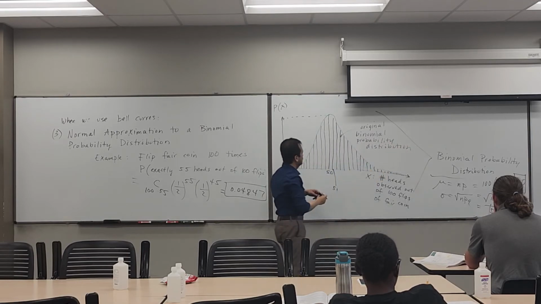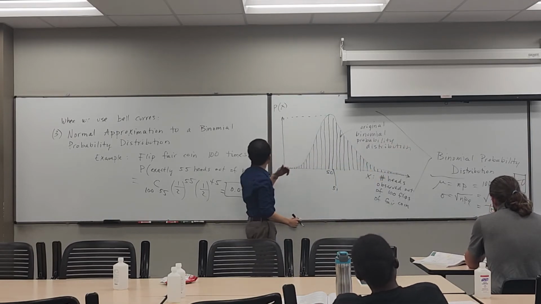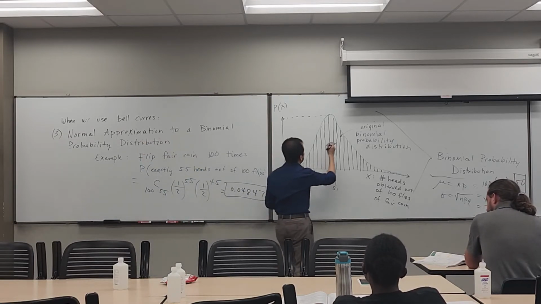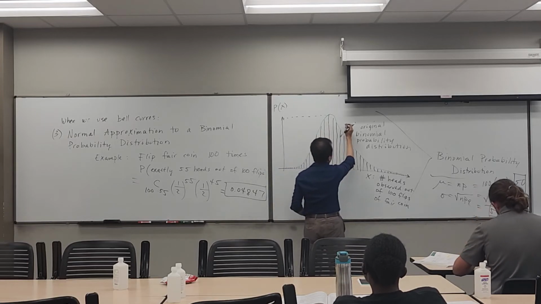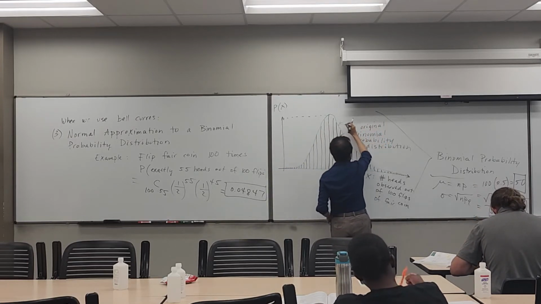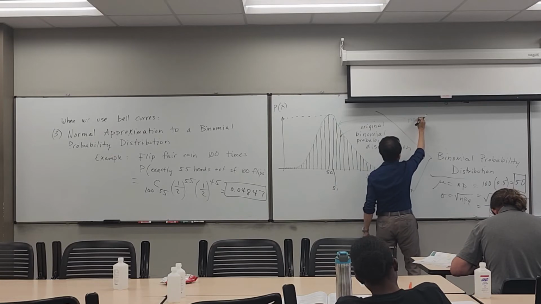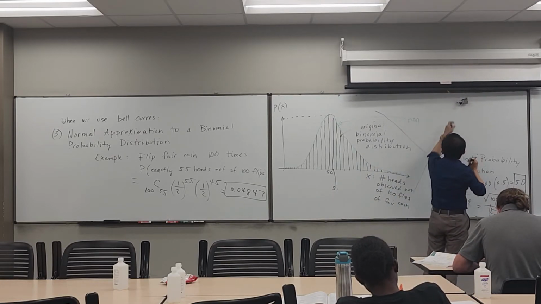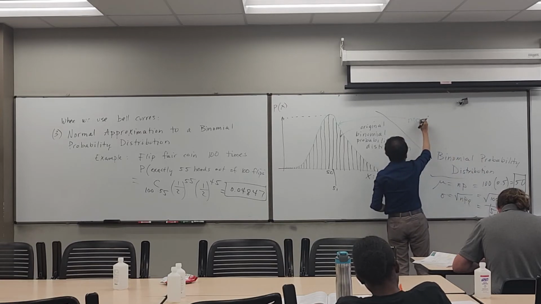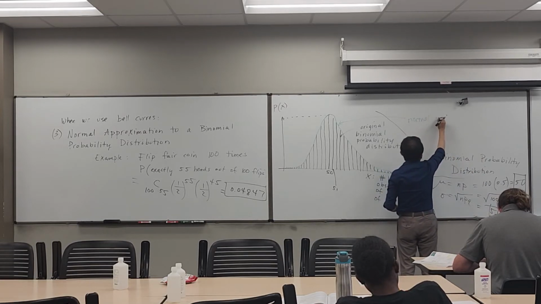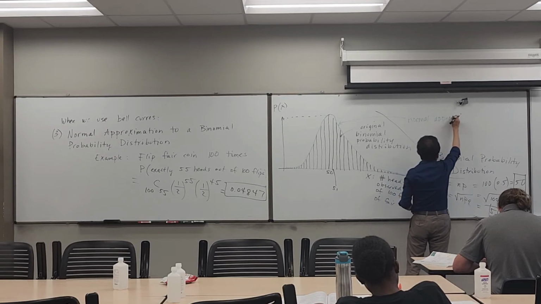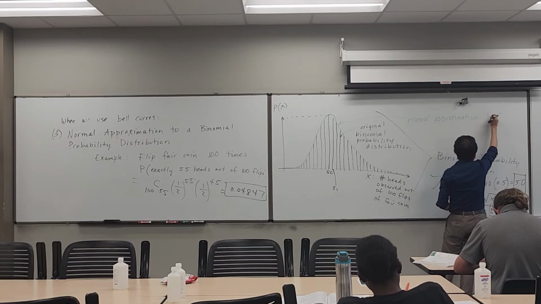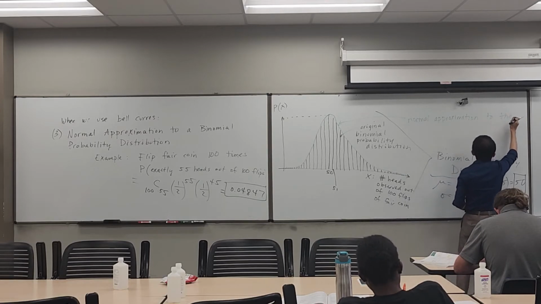And the one in green is what we call the normal approximation to the binomial probability distribution.